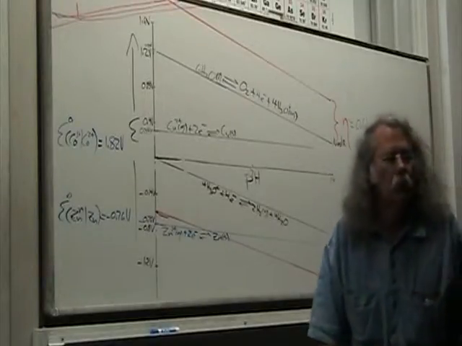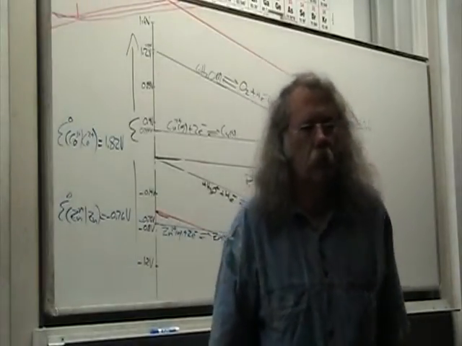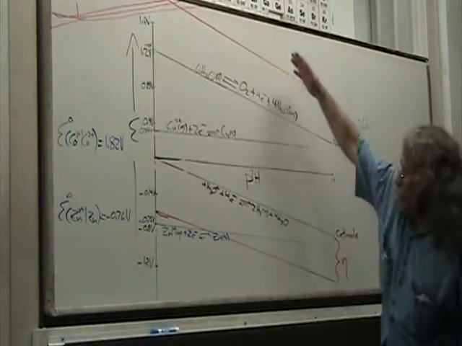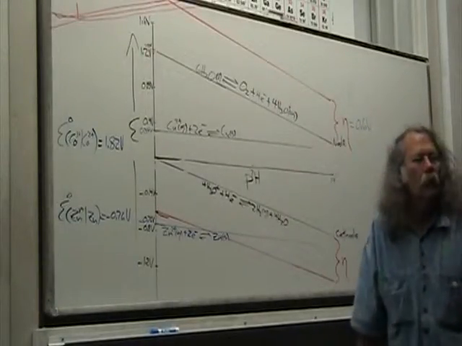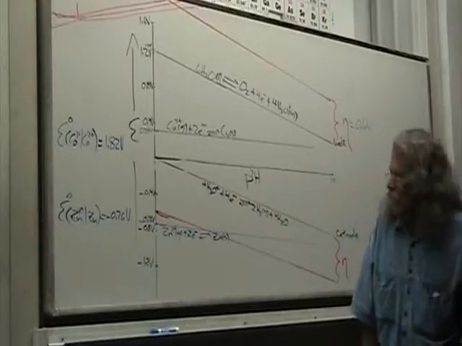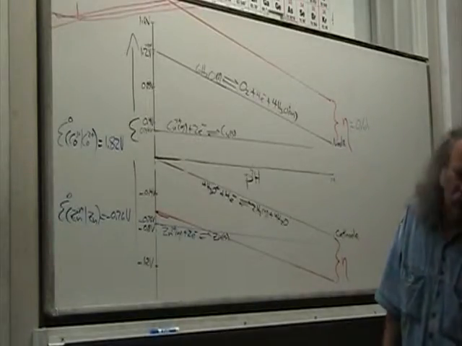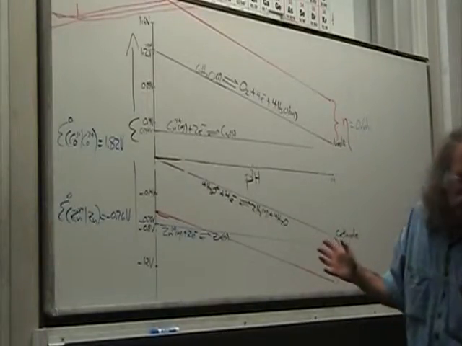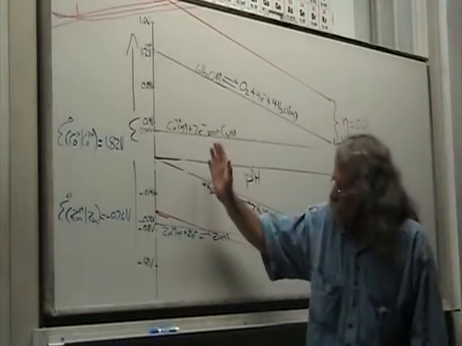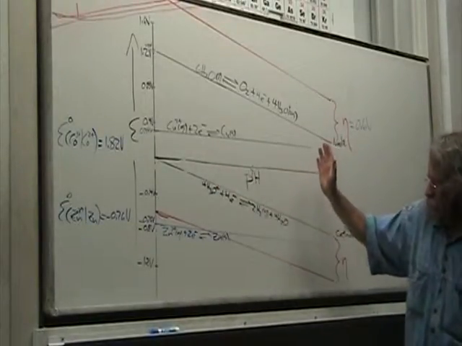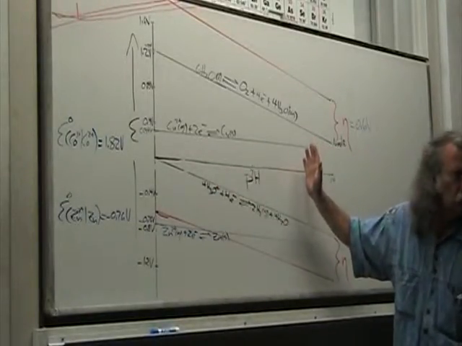Yes? The stability field is from the red line to the red line. Yeah, exactly. And generally, natural waters have a pH from around 4 to around 8.